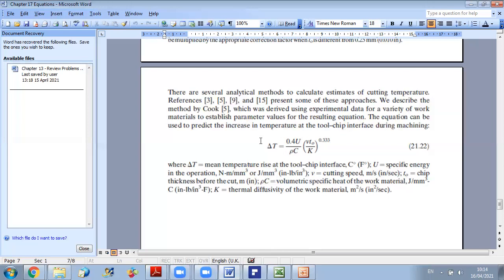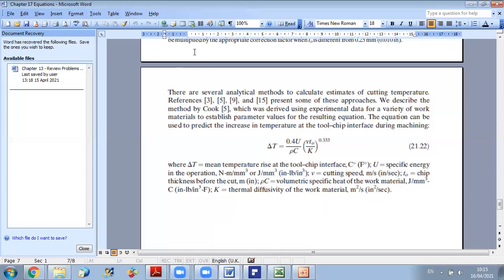This increase in temperature, delta T, can be calculated as a function of the specific energy U, the cutting speed V, the chip thickness, and the volumetric specific heat of the work material. Volumetric specific heat is rho times C. It is also a function of the thermal diffusivity of the work material.